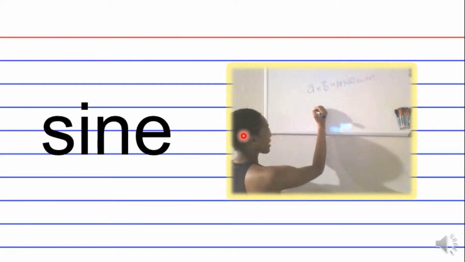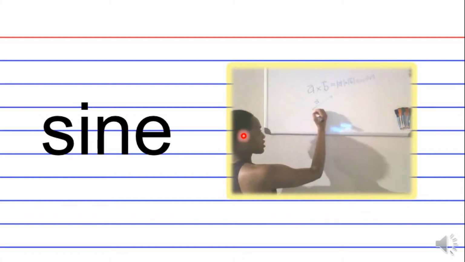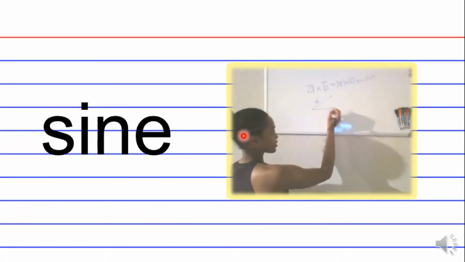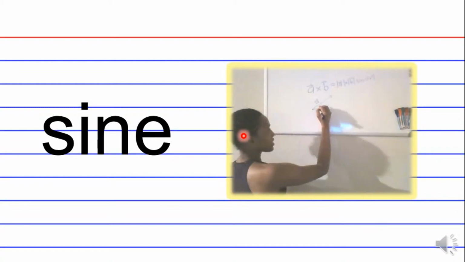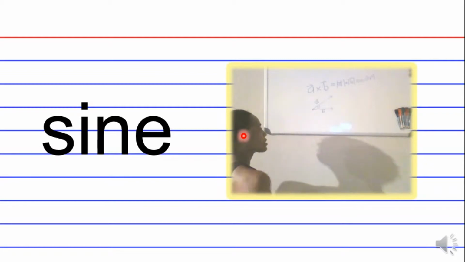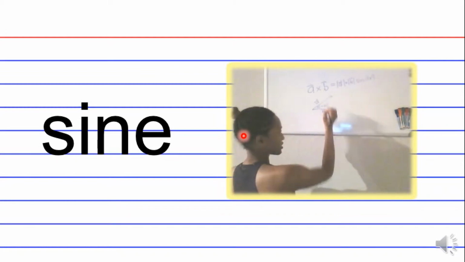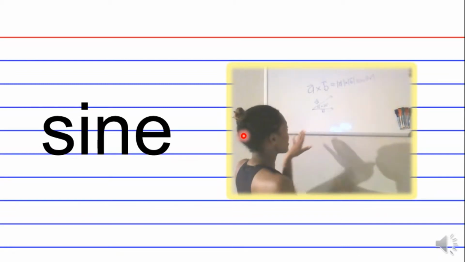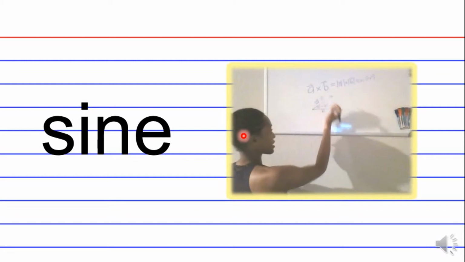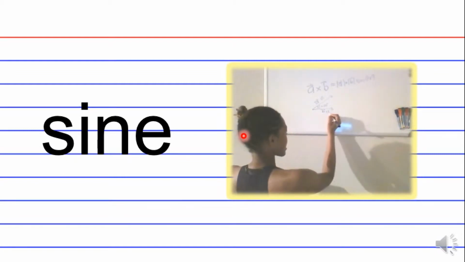So let's say you have vector A, like so, and then it's attached to vector B, and then you have theta between them. So let's say that theta equals 30 degrees or pi over 6 radians, and the magnitude of A is 10, and the magnitude of B is also 10.